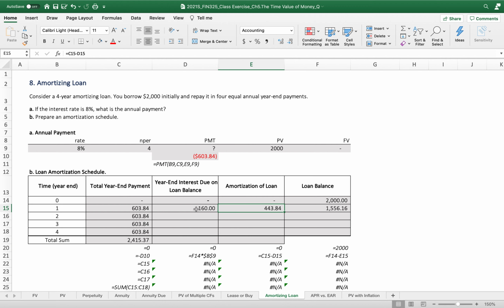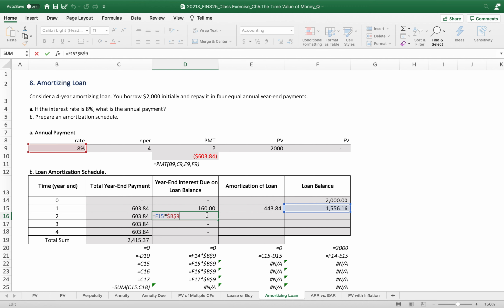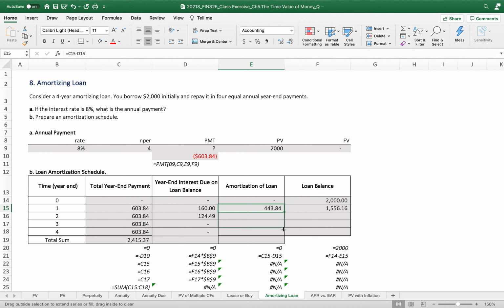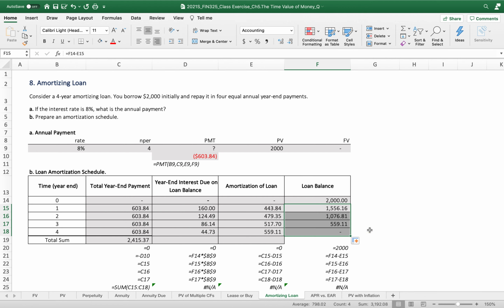Then let me just drag to the right, so you can see that it is automatically calculated. The amortization of the loan also is calculated automatically, and the loan balance based on this calculation.